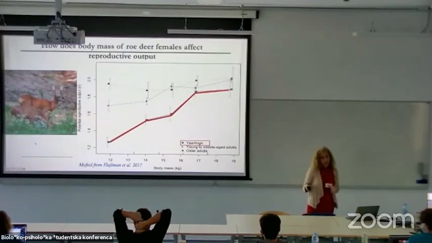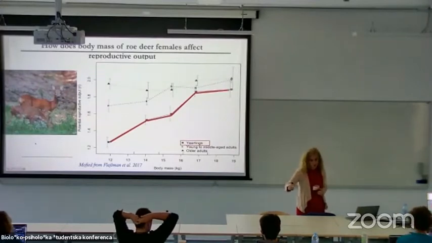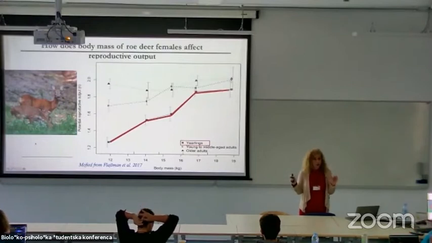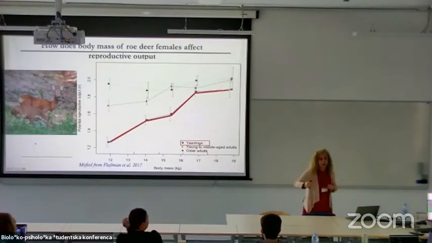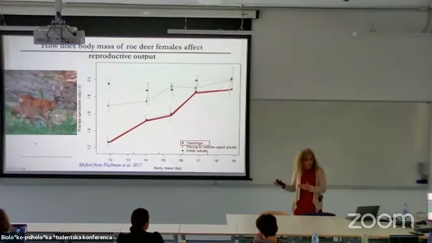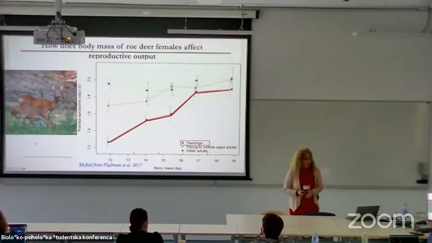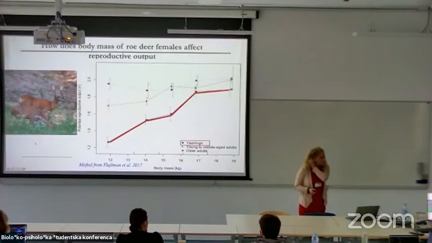If the female has a higher body mass, she has higher potential. And of course, the number of offspring is something which is really important for management, because then you can make a plan. If you know how many offspring you can expect next year, then you can plan how to manage the population. And then we asked ourselves, is there any genetic background for this?